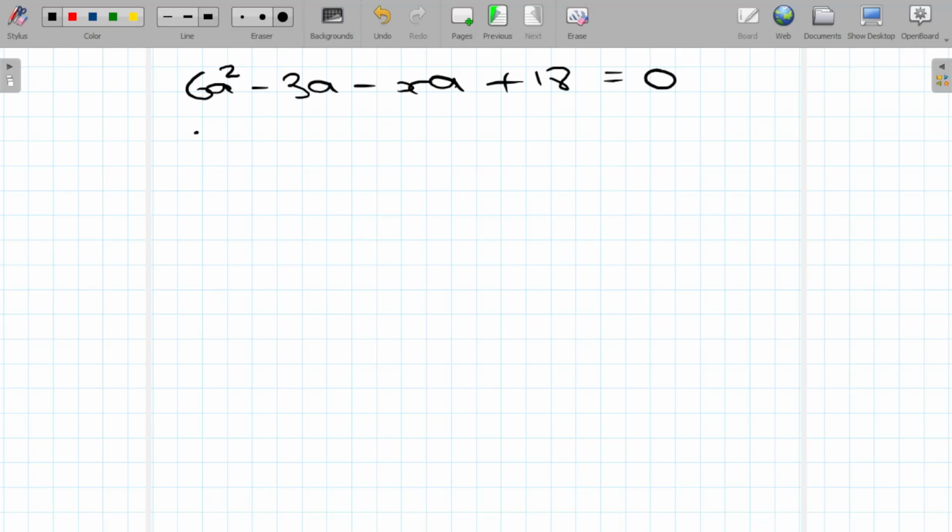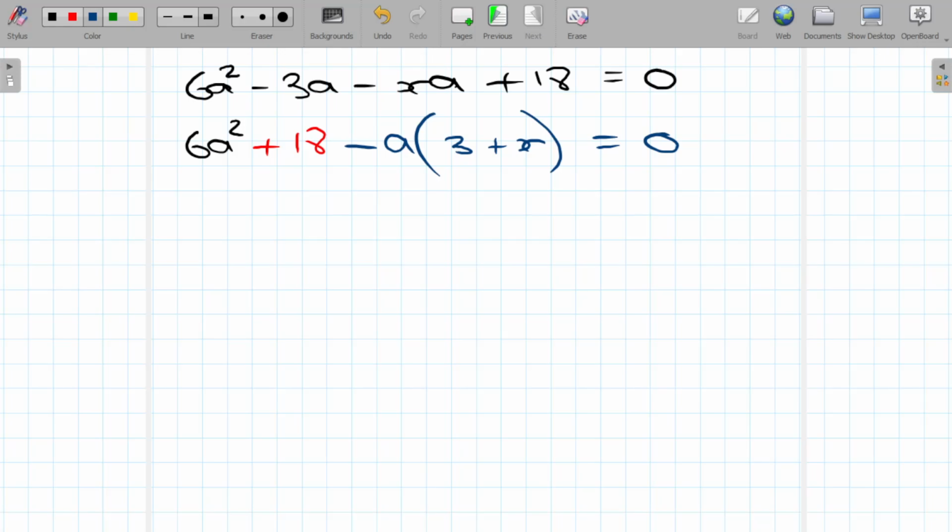So what we've got is 6a squared, and I'm going to write the plus 18 here, and then I'm going to simplify the minus 3a minus xa to give minus a times 3 plus x equal to 0. Right? Now then, I will just confer with what I've written here.